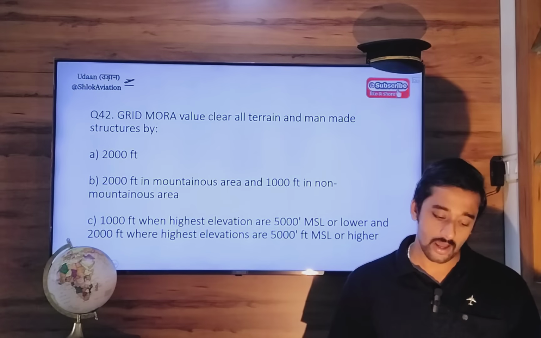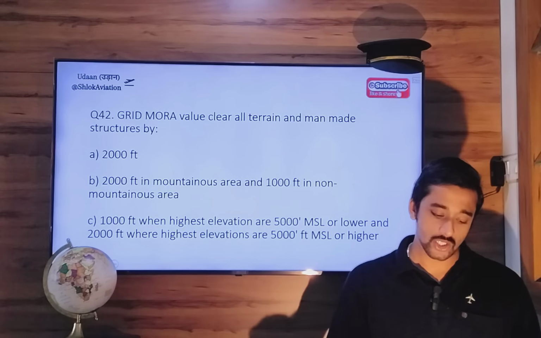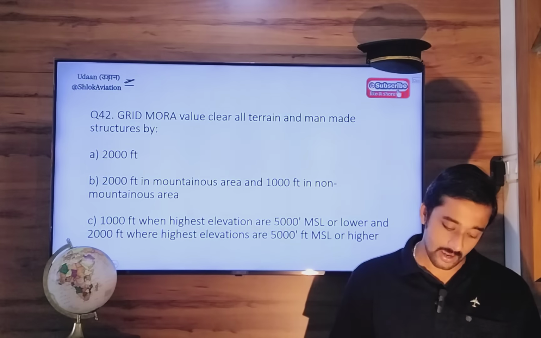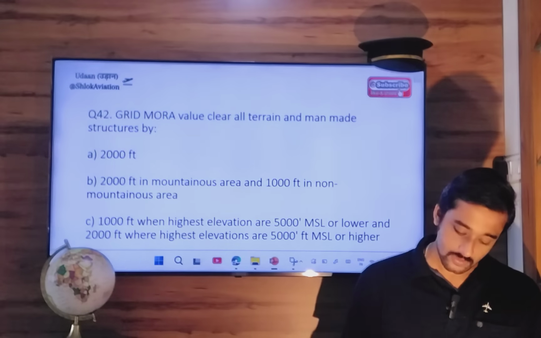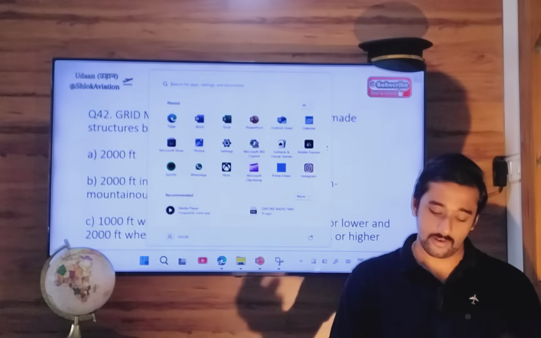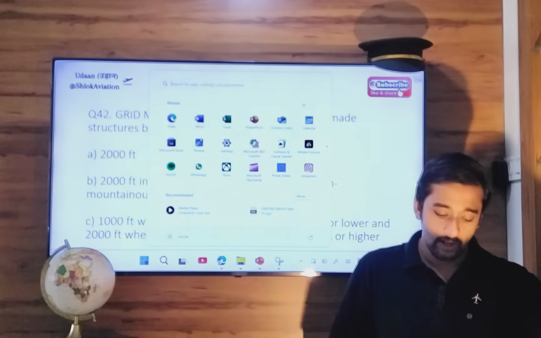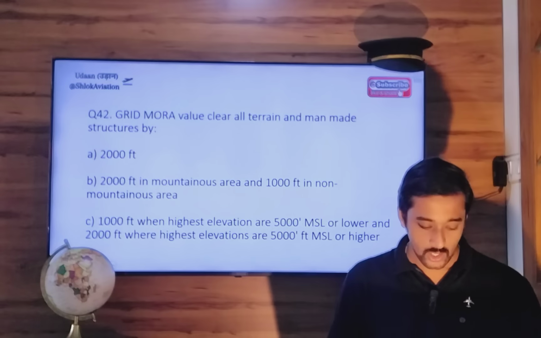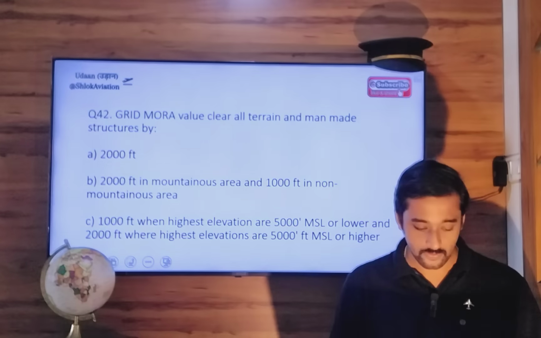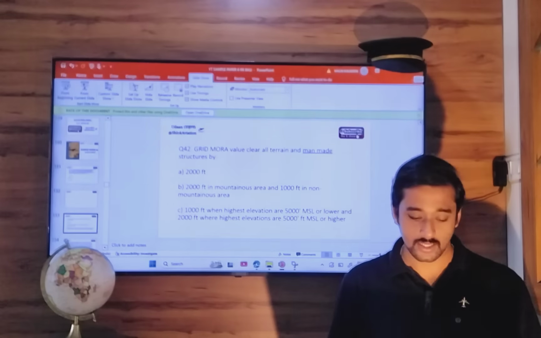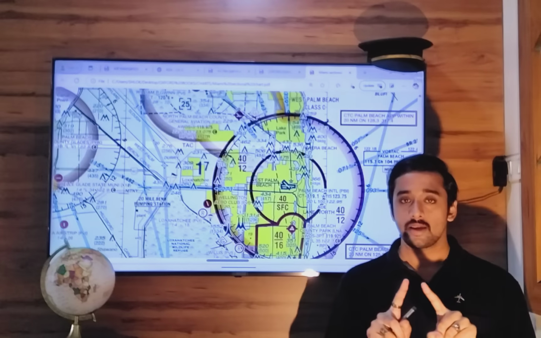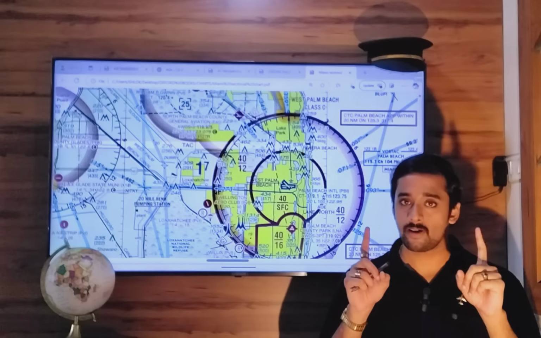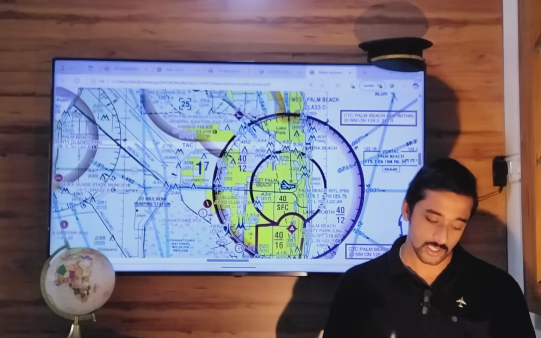Grid MORA value clears all terrain and man-made structures. So whenever you start flying your VFR cross-country flights, IFR cross-country flights, you will be flying with the help of sectional charts in case of VFR. A grid is nothing but a square defined by two longitudes and two latitudes.